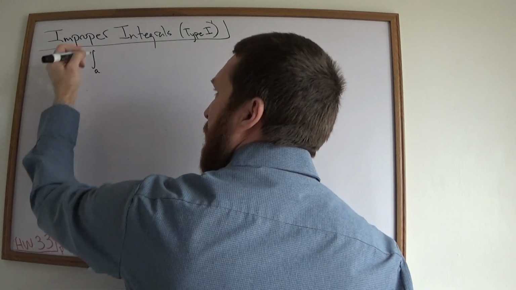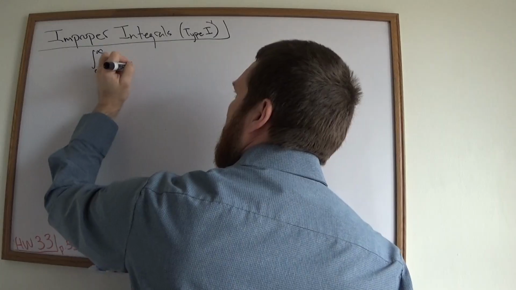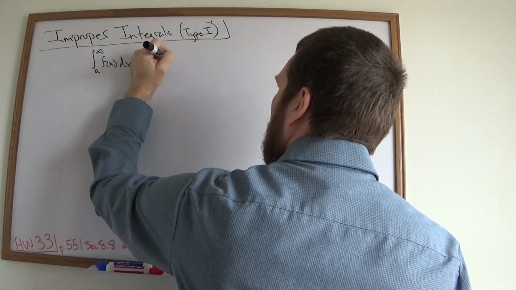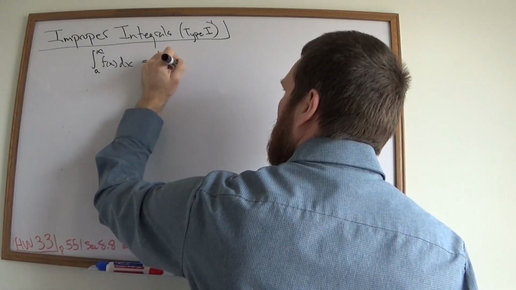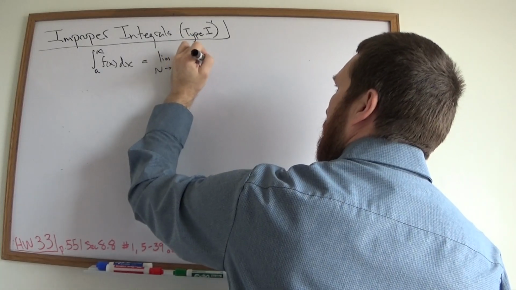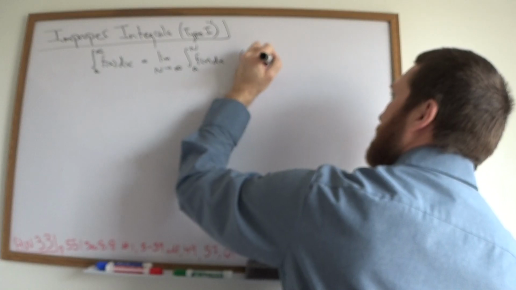It goes from some number a up to infinity of f of x dx, and it's defined as the limit as n goes to infinity of the integral from a up to n of f of x dx, if the limit exists.